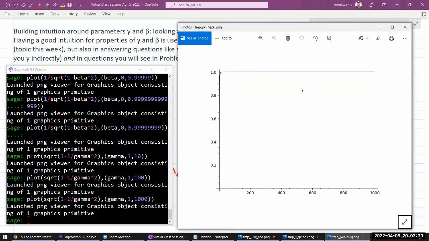Where beta as a function of gamma is useful is that at very high gamma you can basically treat beta as equal to 1.